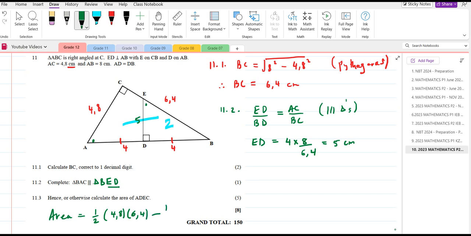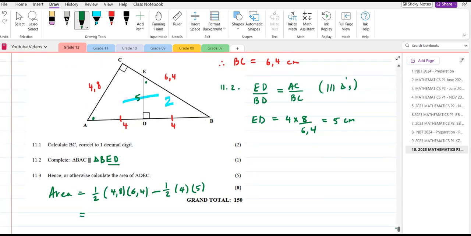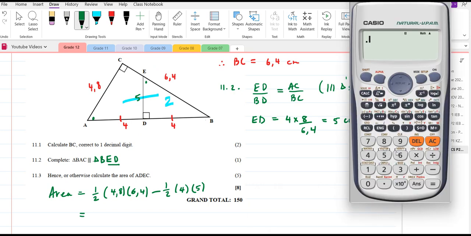Subtract half, the base of the small triangle is 4, and the height is 5. So 0.5 times 4.8 times 6.4 minus 0.5 times 4 times 5.